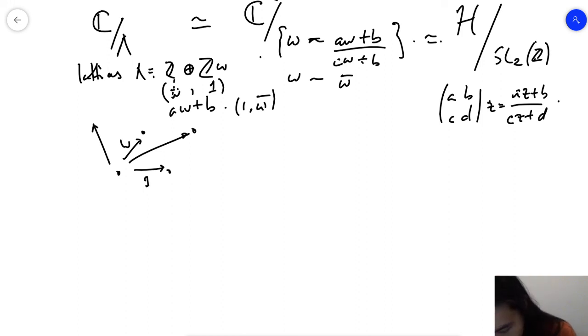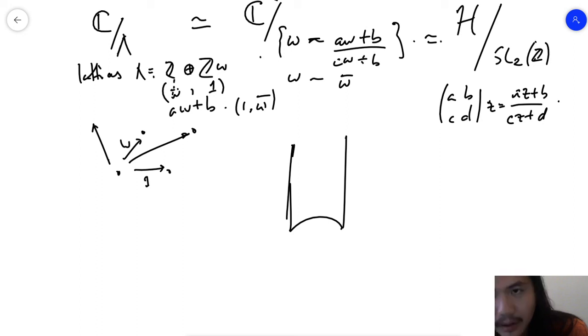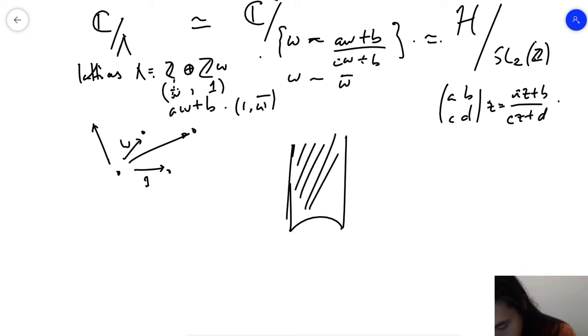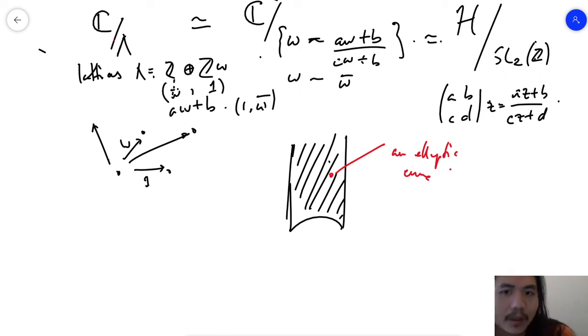For example, it has a fundamental domain, so that each point in the usual diagram represents an elliptic curve. One can play with this. One can consider functions on it, which are called modular forms, but we will not touch that today.